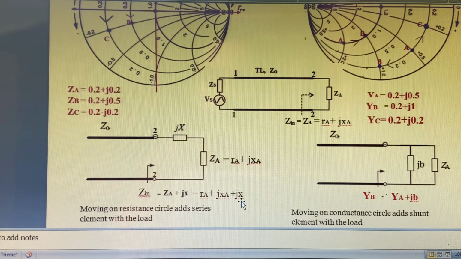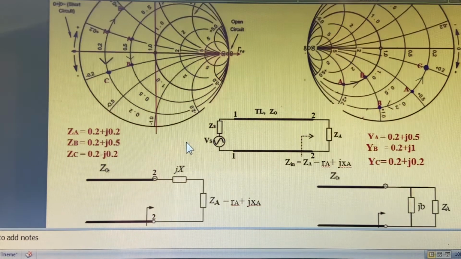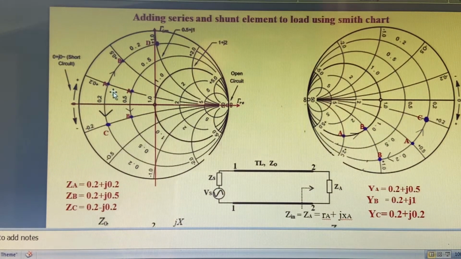So we can change the impedance between the terminals by adding a series element. We can add whatever required value of reactance, either an inductor or a capacitor, and find how much we added, whether a positive or a negative reactance, by moving from one point to another over the resistance circle.